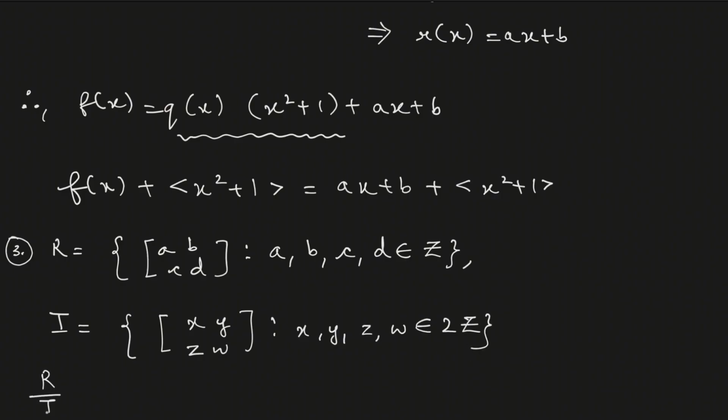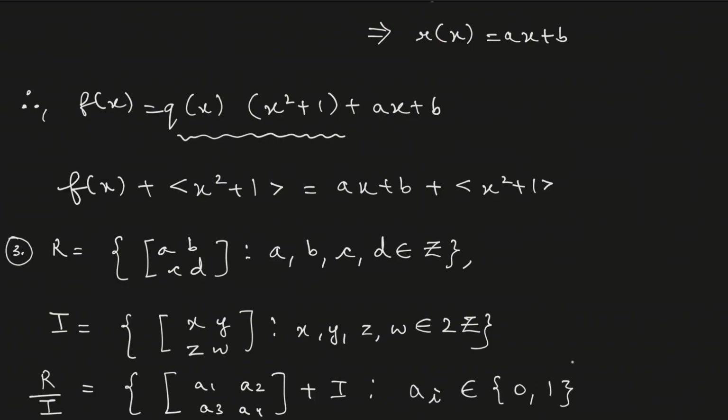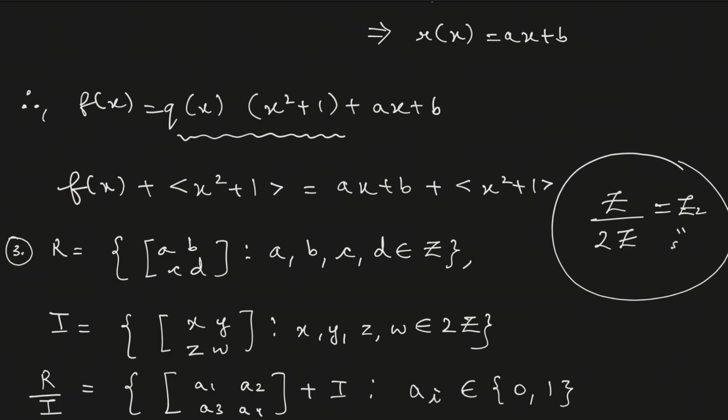Then R/I is equal to the matrices a1, a2, a3, a4 plus the ideal, such that these a_i entries are from 0 or 1, because Z/2Z is the same as Z2, and Z2 contains two elements, 0 and 1, for all i equals 1, 2, 3, 4.